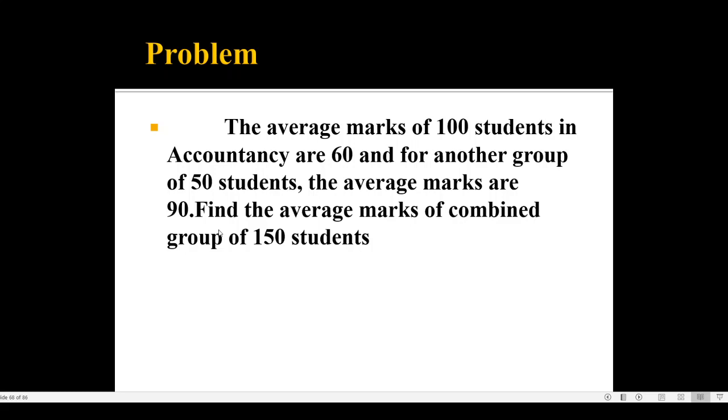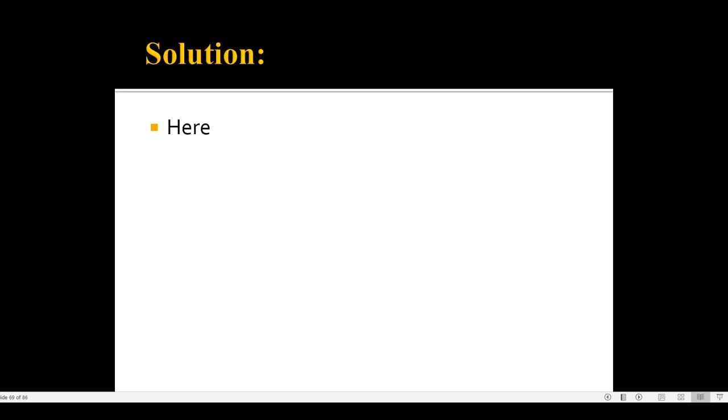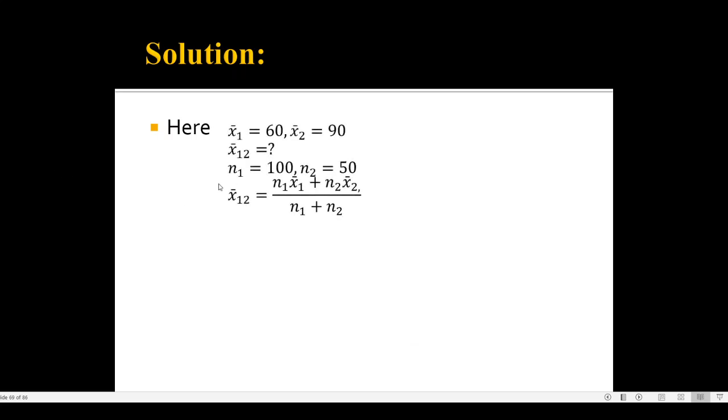Here n1 is 100, n2 is 50, x1 bar is 60 and x2 bar is 90. Here we have to find x12 bar. For x12 bar, our formula is (n1 x1 bar plus n2 x2 bar) upon (n1 plus n2). So 100 into 60 plus 50 into 90 upon 100 plus 50.